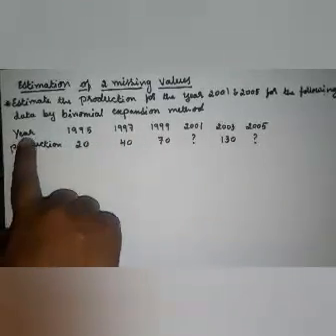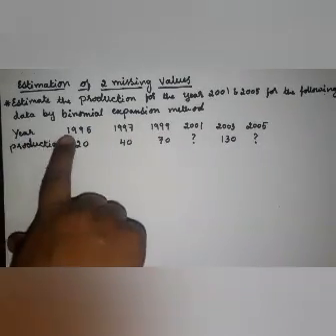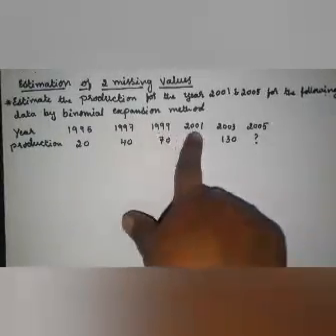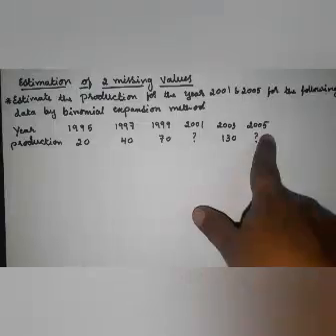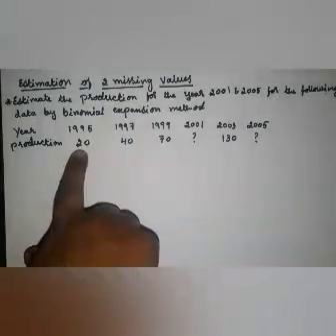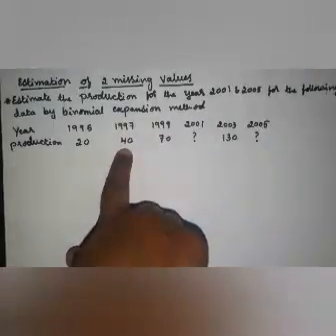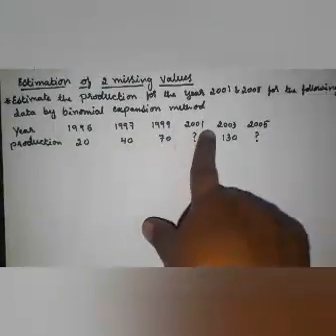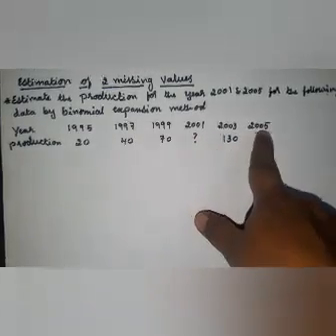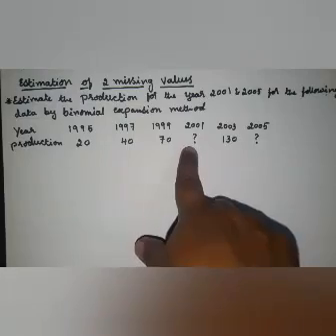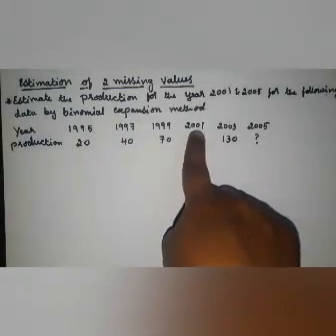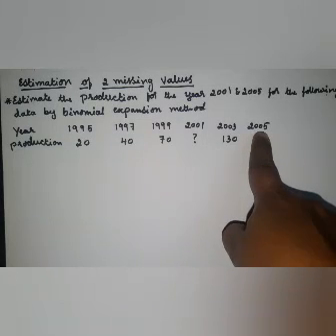The data are year and production. The years given are 1995, 97, 99, 2001, 2003 and 2005, and the production is 20 in 1995, 40 in 97, 70 in 99, question mark in 2001, 130 in 2003, and question mark in 2005. We have two missing values. We have to interpolate the production for the year 2001 and also for the year 2005.